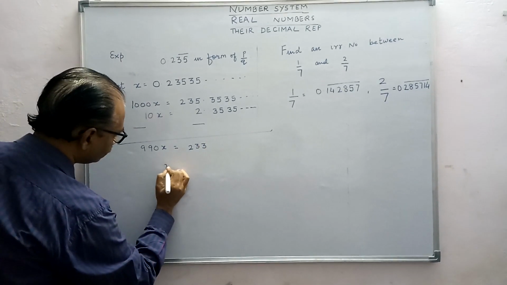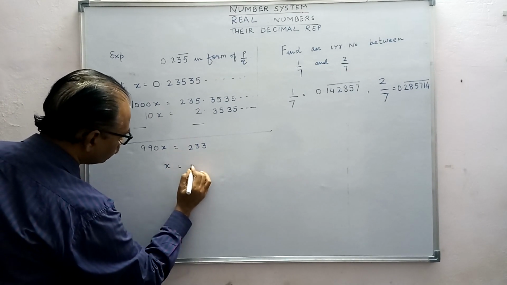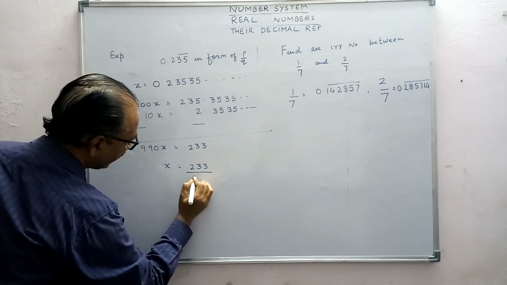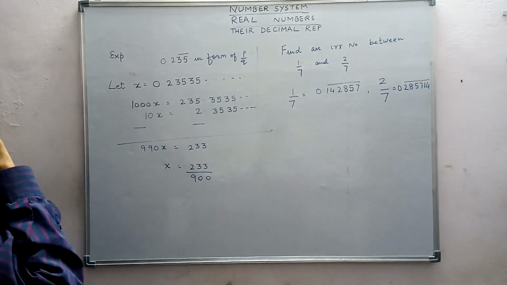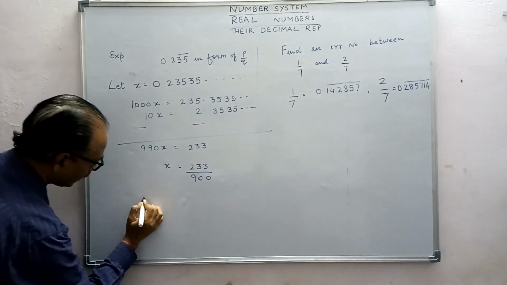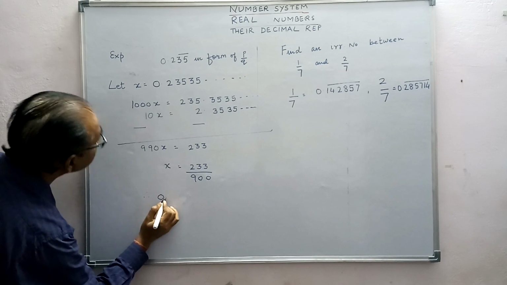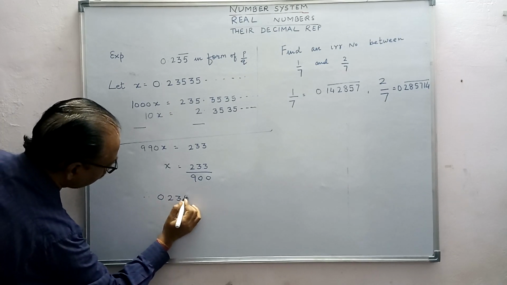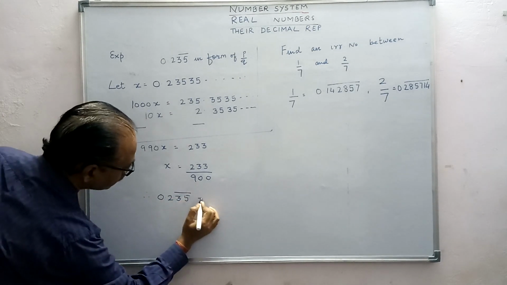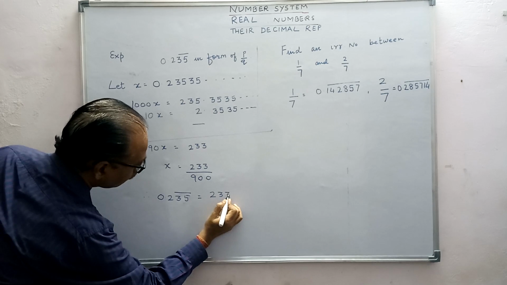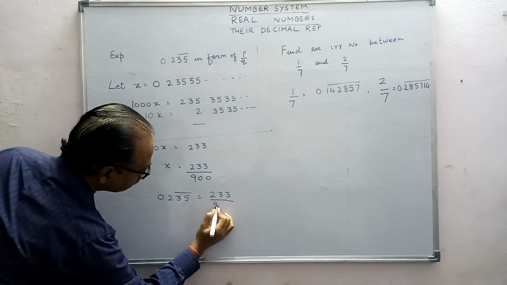So x is equal to 233 upon 990. This is the value of x, and we have to find the value in the form of P by Q. Therefore 0.235 with bar on 35 only is equal to 233 upon 990.